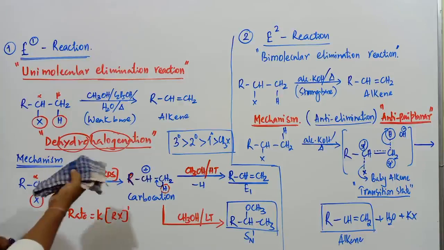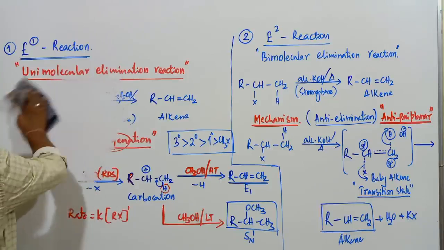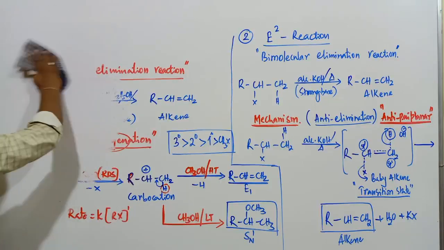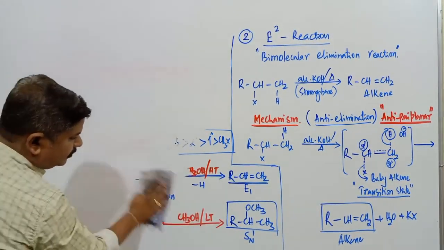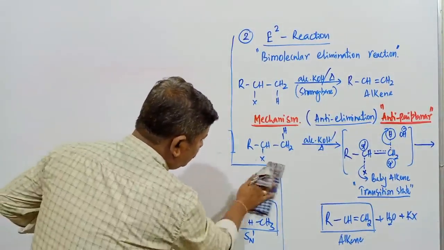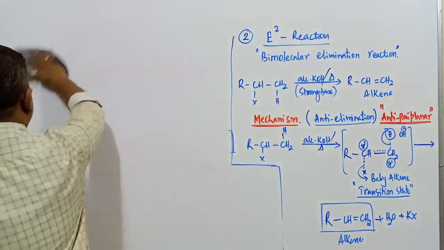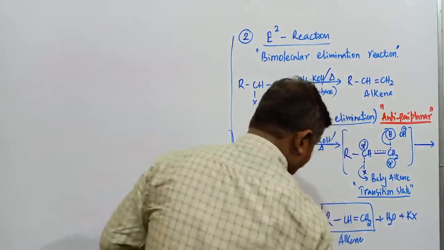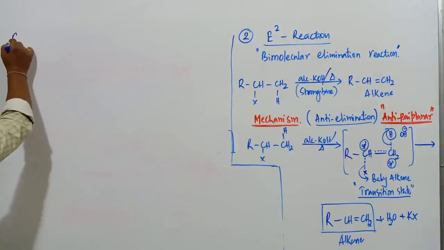This is E1 mechanism, that is E2 mechanism. First I will remove only E1 mechanism. I will go with some of the examples. Some of the examples I will consider here.